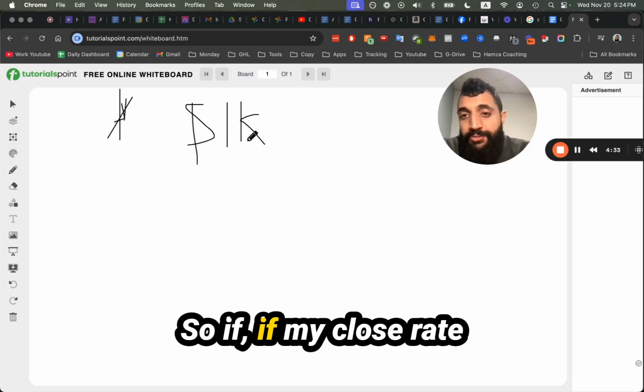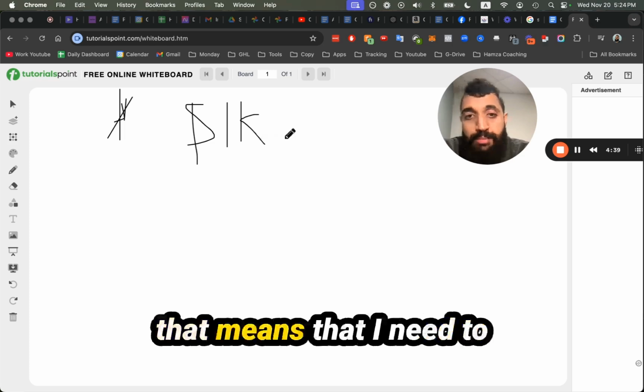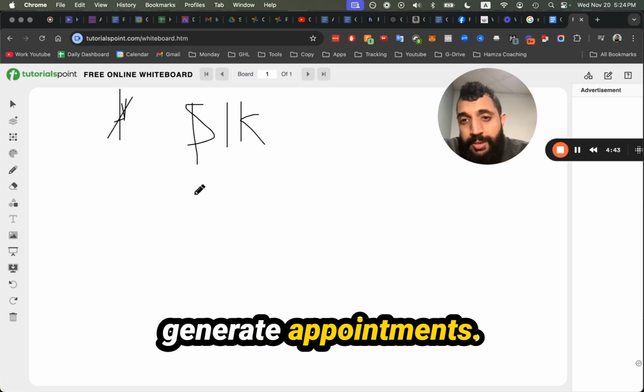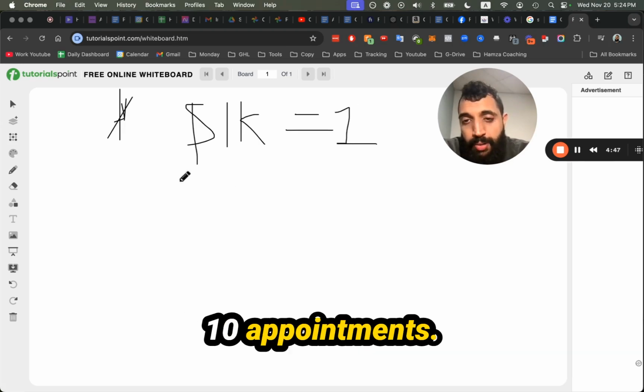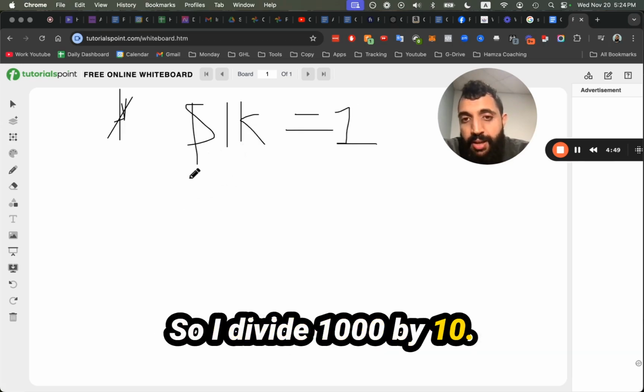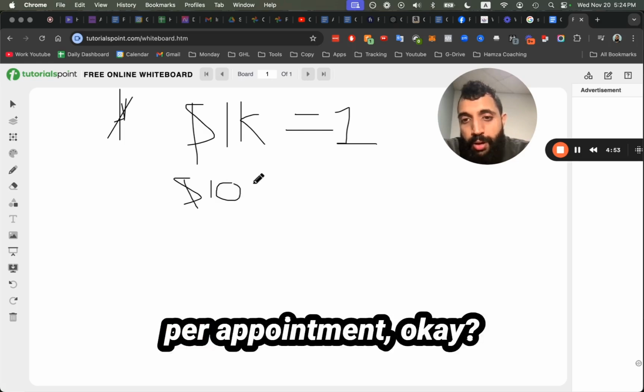So if my close rate is ultimately 10%, then I need to generate appointments. To get this one close, I need to generate 10 appointments. So I divide 1,000 by 10. That means I need to spend $100 per appointment.